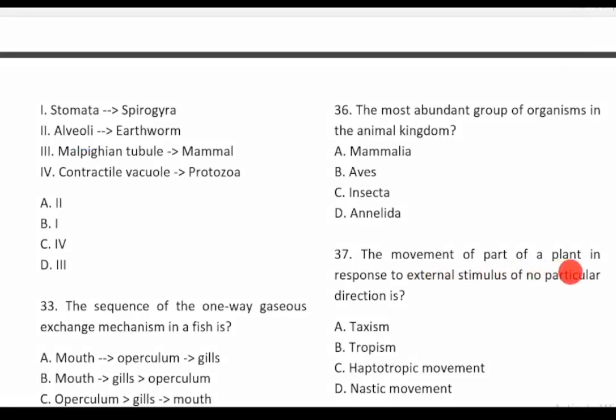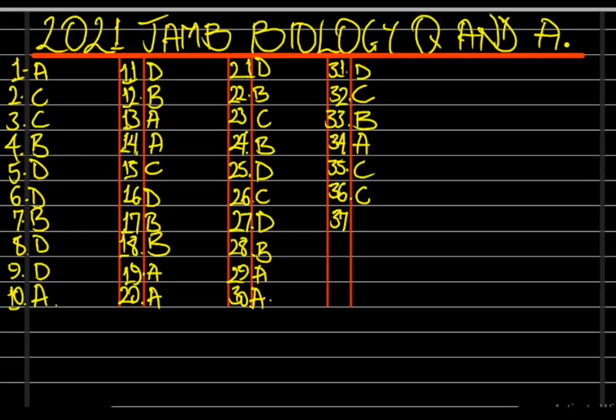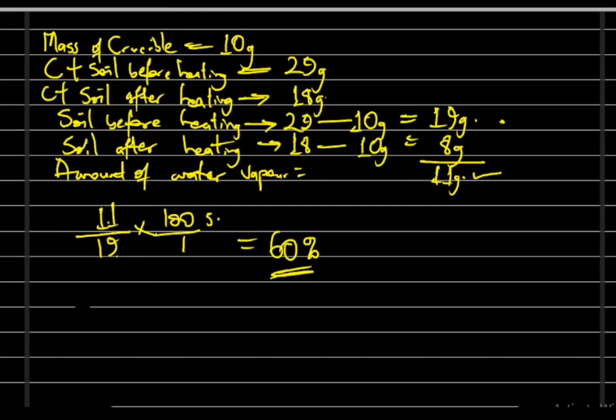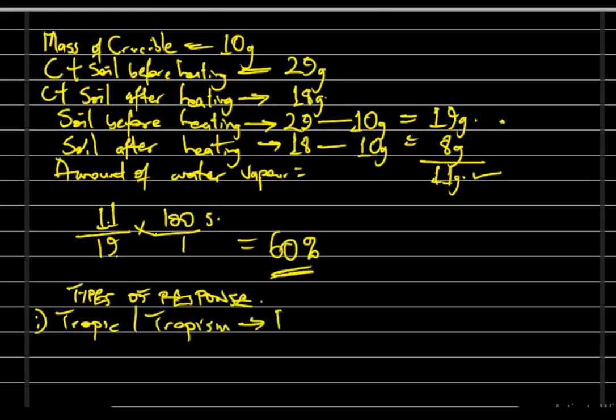The movement of parts of a plant in response to external stimulus of no particular direction is: taxism, tropism, haptotropic movement, nastic movement. When we talk about this, we're talking about responses. And we have basically three types of response. Number one, we have the tropic or tropism. This is carried out by plants.